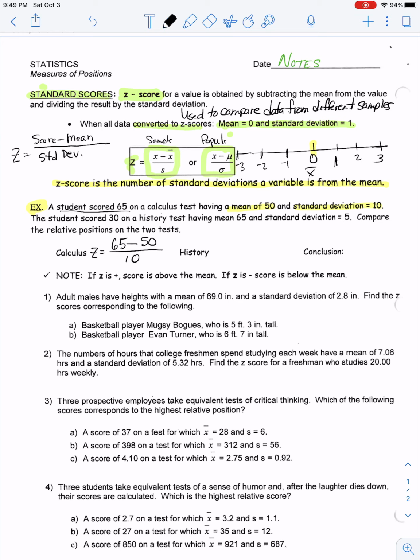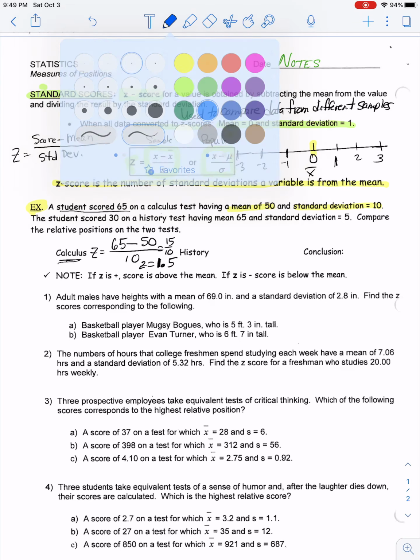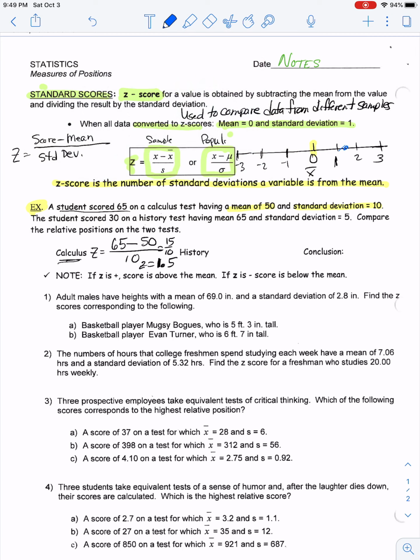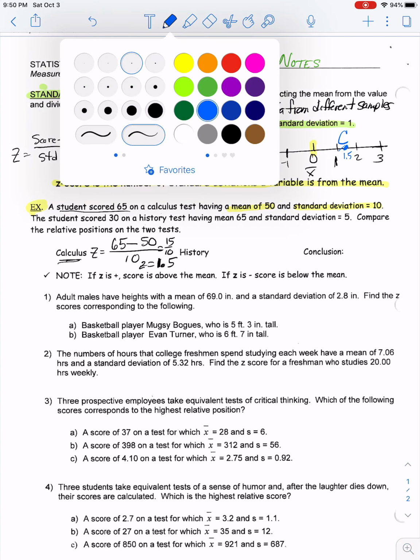That comes out to 15 over 10, so the calculus z-score is 1.5. In other words, on the calc test, the person scored 1.5 standard deviations above average. Up here on the number line, that's the calculus test, 1.5 deviations above average.